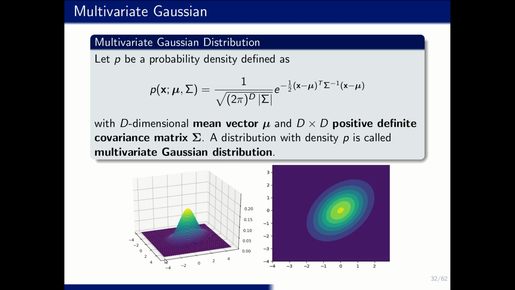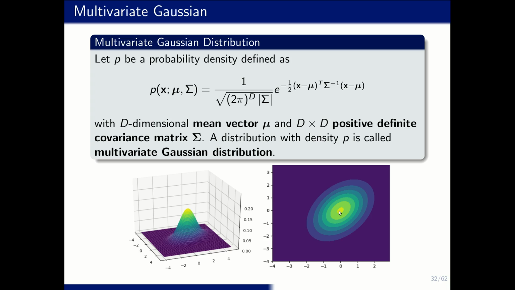And in 2D we can nicely plot this. Here this is a two-dimensional Gaussian, or bivariate Gaussian. You have one dimension here, another dimension here, and the Gaussian looks like this bell shape. Often it's more convenient to look at it from a bird's eye perspective. If we look at this function from above, then we would see something like this.